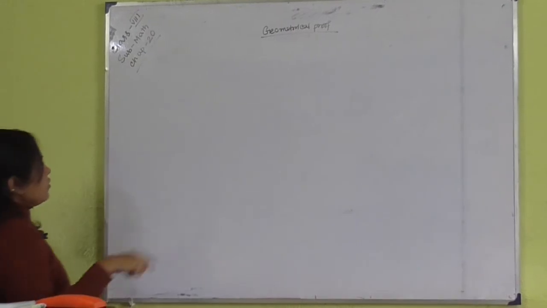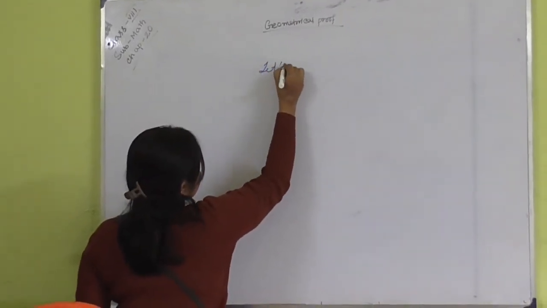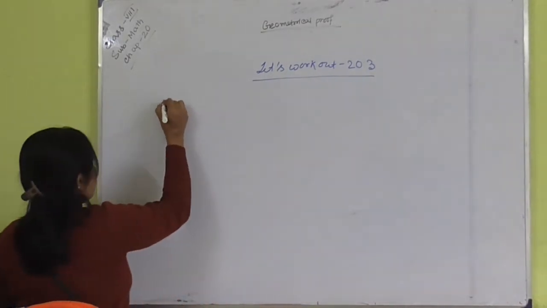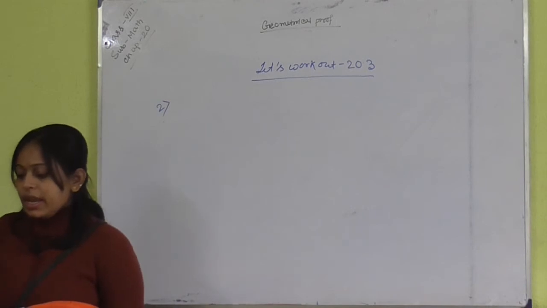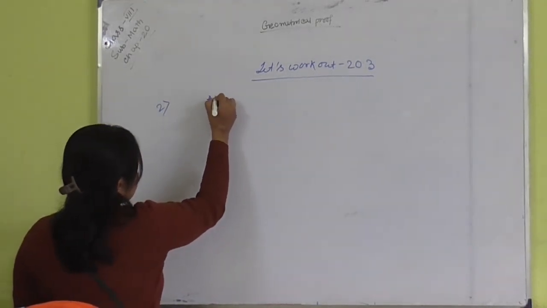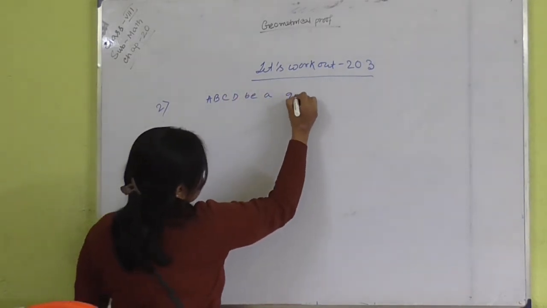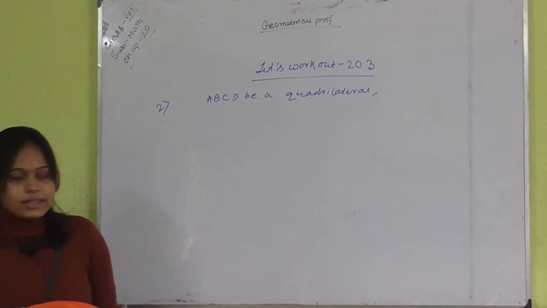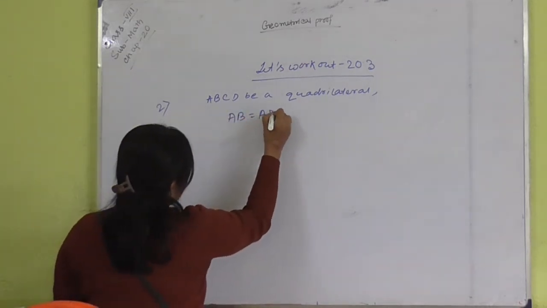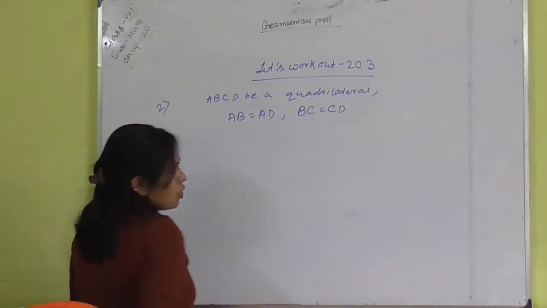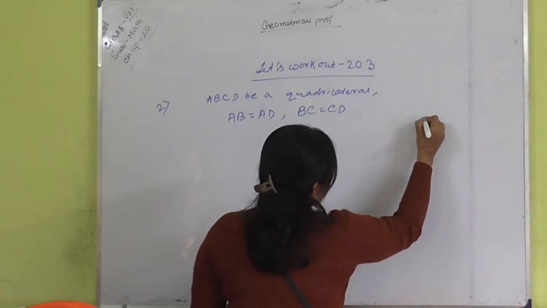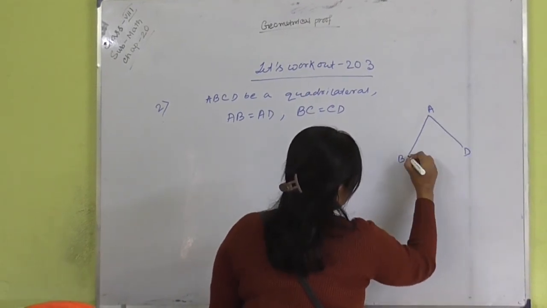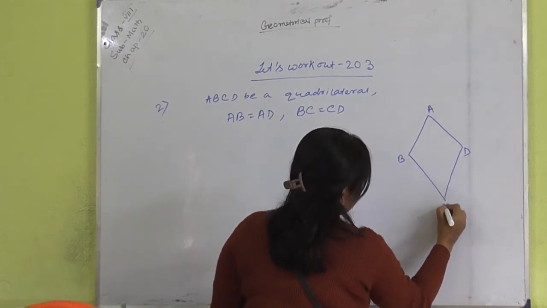In problem number 2, the second problem is, in a quadrilateral ABCD, given that ABCD is a quadrilateral, and also given that AB and AD are equal and BC and CD are equal. So AB and AD equal, and BC and DC equal.